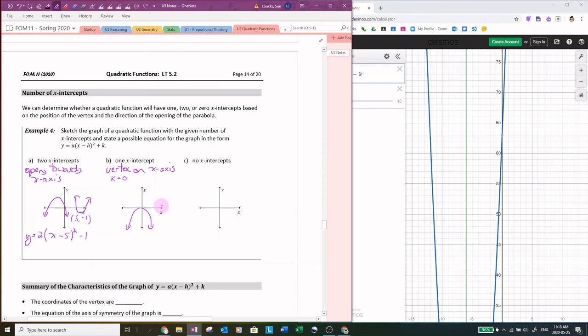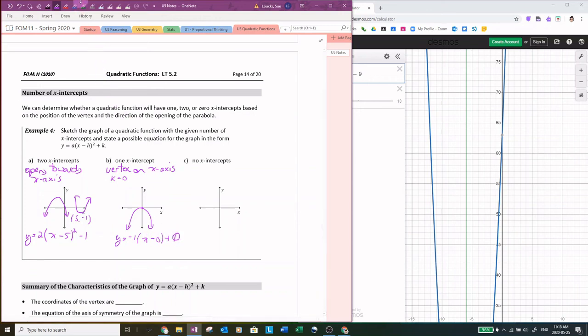Okay, so the equation of this graph would be y equals -1 because it's going down, times (x minus 0) plus 0, because the x value of the vertex was supposed to be at 0. Sorry, plus 0, this should be a 0.